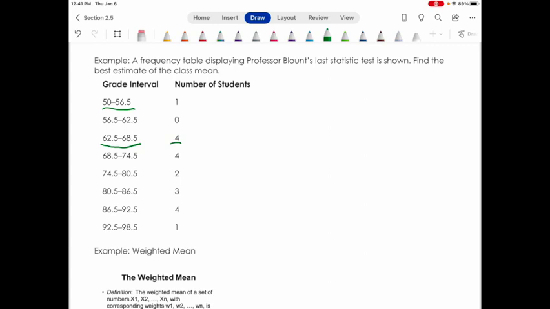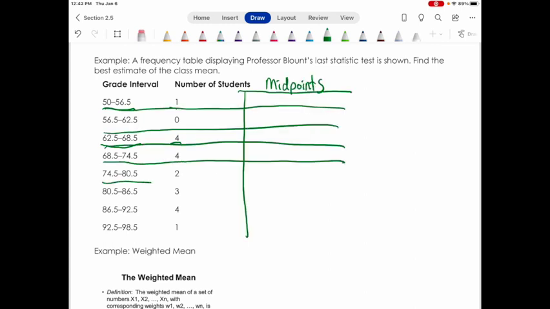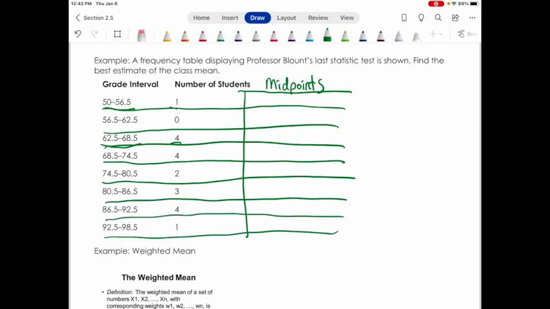So we're going to use a process that we can estimate the mean, and we're going to do that by finding the midpoints. So let me organize this here real quick. And we talked about how to find a midpoint in a previous section, but just a quick refresher.